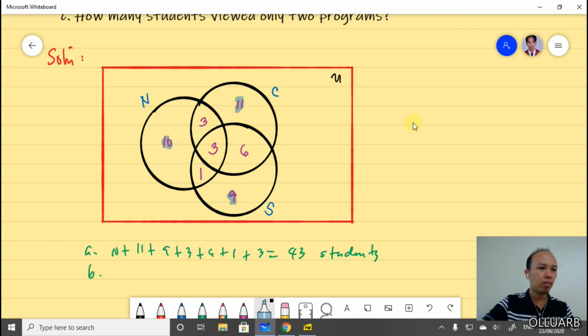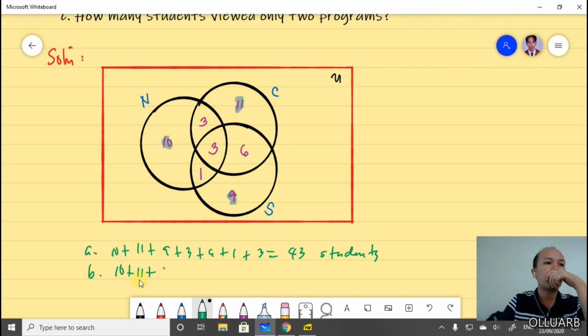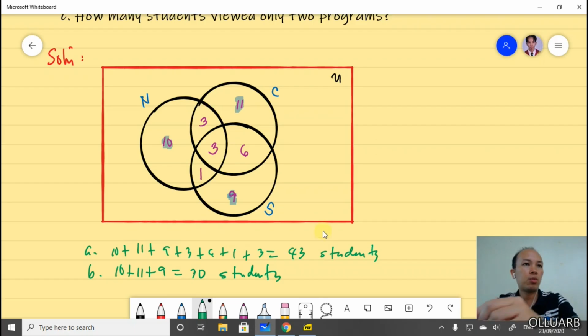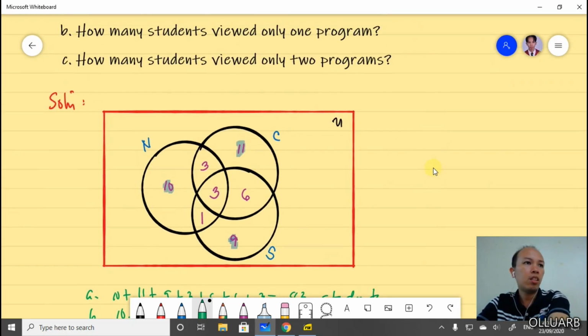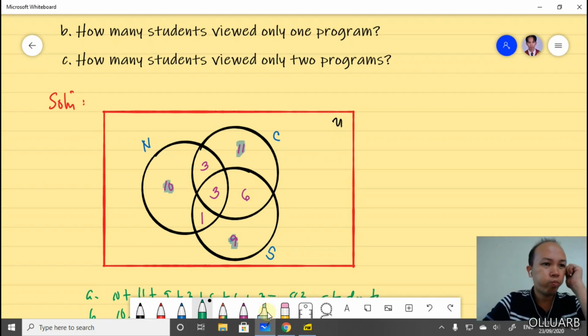We have 10 plus 11 plus 9, which is 30 students. Okay, 30 students. For letter C, how many students viewed only 2 programs? Okay, so for letter C, let's try another color.